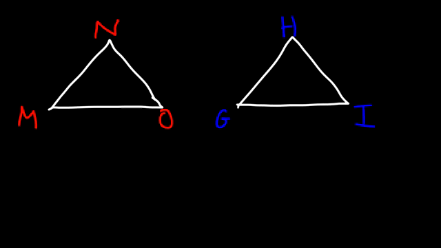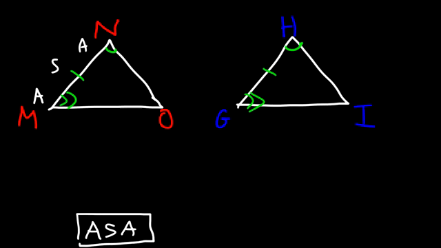And let's say that angle N is congruent to angle H, segment MN is congruent to segment GH, and angle M is congruent to angle G. So what postulate can we use to prove that these two triangles are congruent? So we have an angle, a side, and an angle. So we could use the ASA postulate, angle, side, angle, to say that triangle MNO is congruent to triangle GHI.